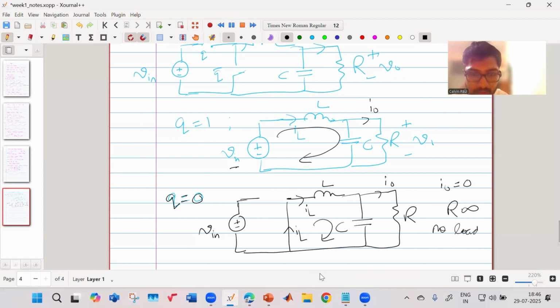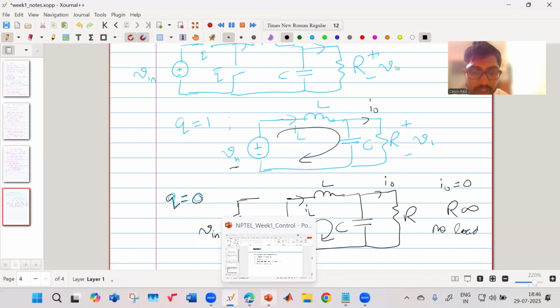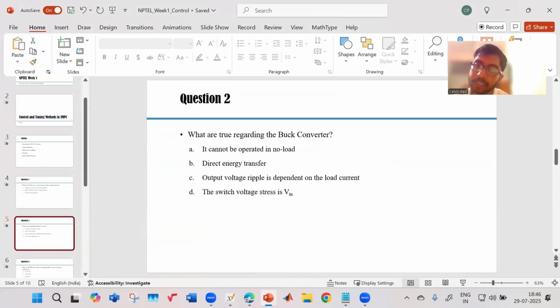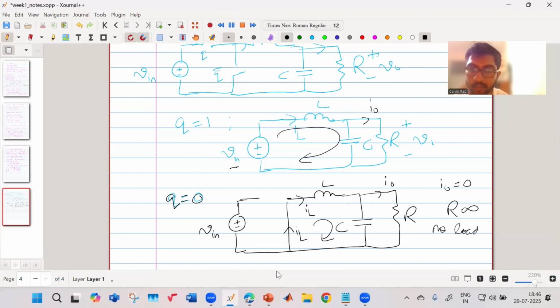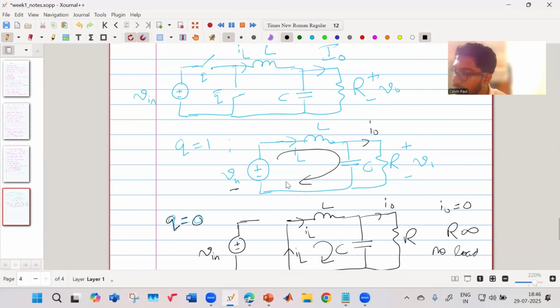Then what were the other two points: output voltage ripple is dependent on the load current, and the switch voltage stress is Vin. So first I'll consider switch voltage stress. In this case, when Q is 1, that means this switch is connected. When this switch is connected, this switch is off.